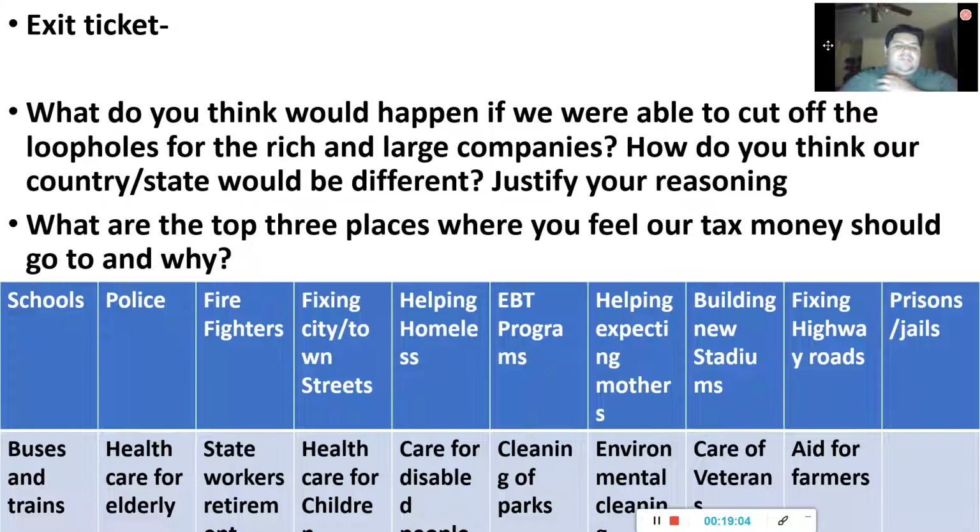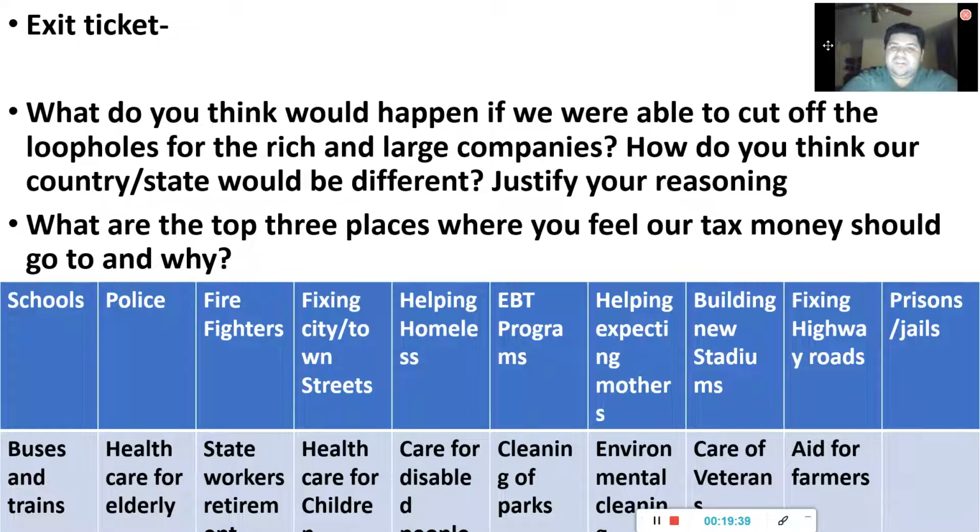The second question asks you, what are the top 3 places where you feel our tax money should go to? All right, now these are all things dealing with our state. Should your tax money go to schools, police, firefighters, fixing the city/town streets, helping homeless, EBT programs, helping expecting mothers, building new stadiums, fixing highways and the highway roads, making new and improving jails and prisons?